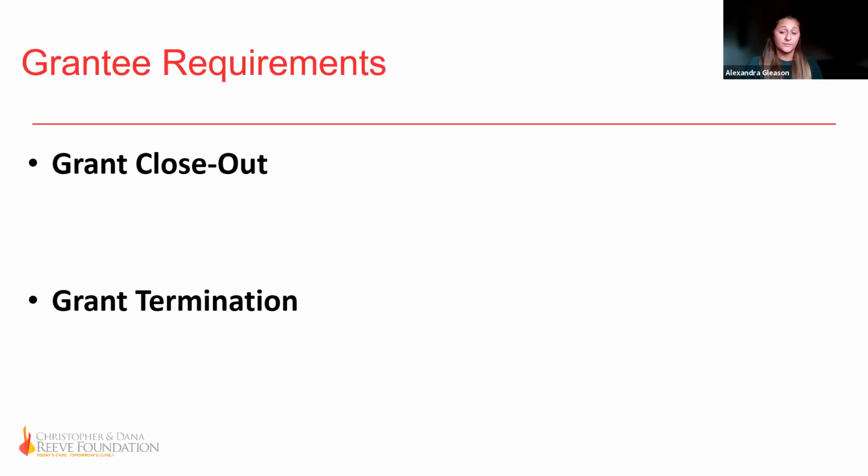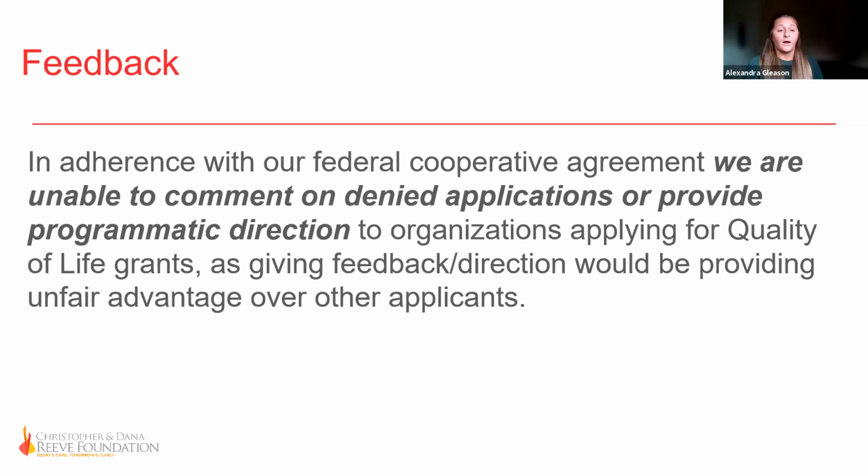The grantee must also return all unused funds. Failure to comply with those provisions may result in your organization being reported to the Internal Revenue Service, the Office of Inspector General, and the Administration for Community Living. And terminated organizations will also be barred from receiving future Reeve Foundation funds for 7 years.